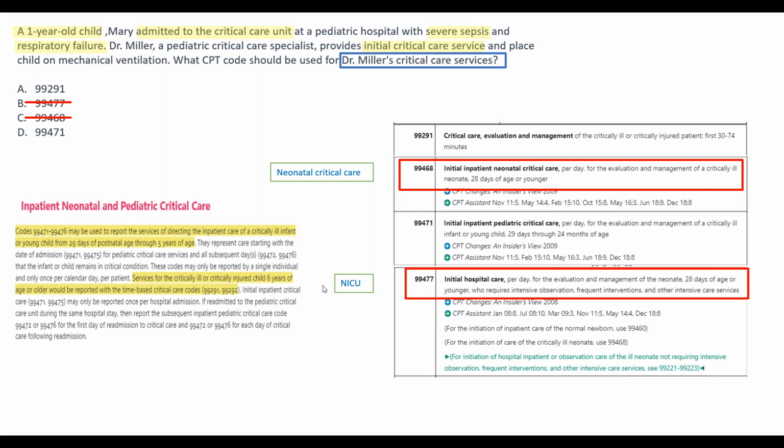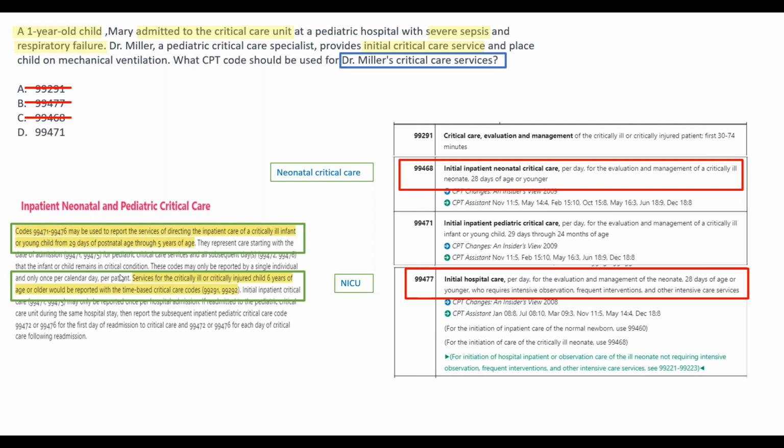So the code must be selected from the series ranging from 99471 to 99476. It also states that services for a critically ill or critically injured child of 6 years of age or older would be reported with the time-based critical care codes 99291 and 99292. Also, time has not been documented in the scenario. So from the guideline, I can eliminate option A, 99291.